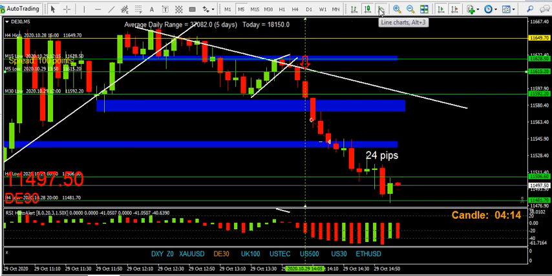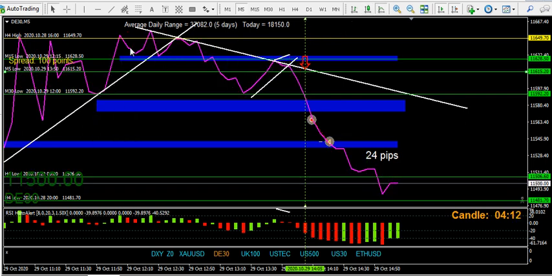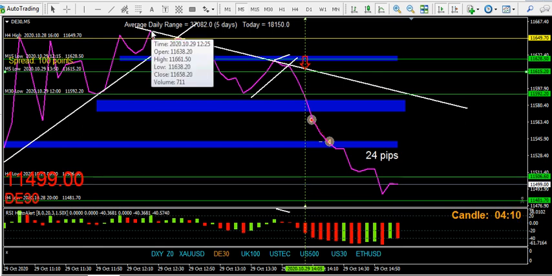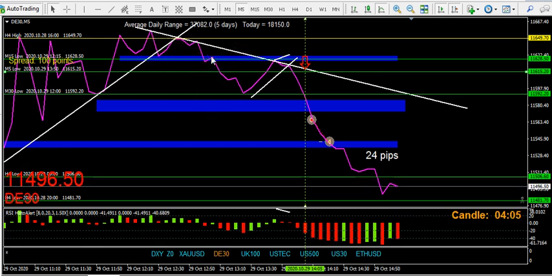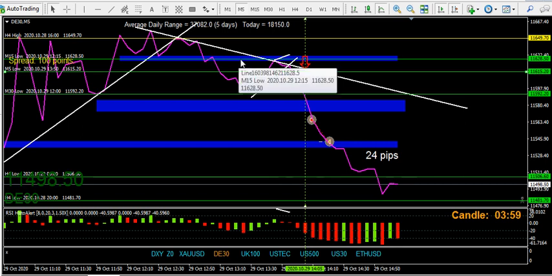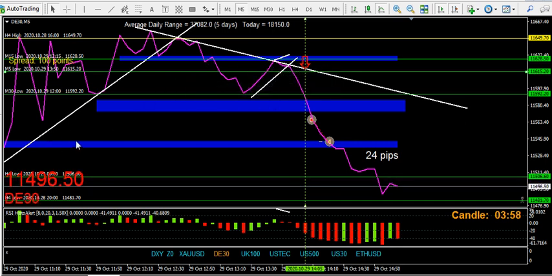You can clearly see that when you look at the line charts, higher highs, and here as well the lows broken by price, trended through, in fact came back and retested it. I'm talking about the blue level obviously.